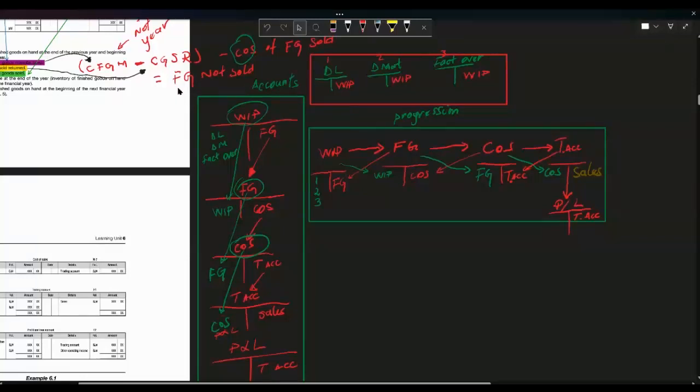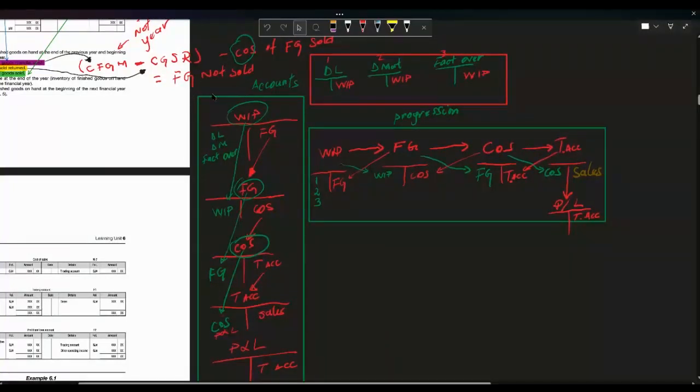What comes in to be finished good is what came from the work in process. So on one side, what came from the work in process, on the other side, we need to look at the cost, right? Because we need to balance the cost of sales, right?